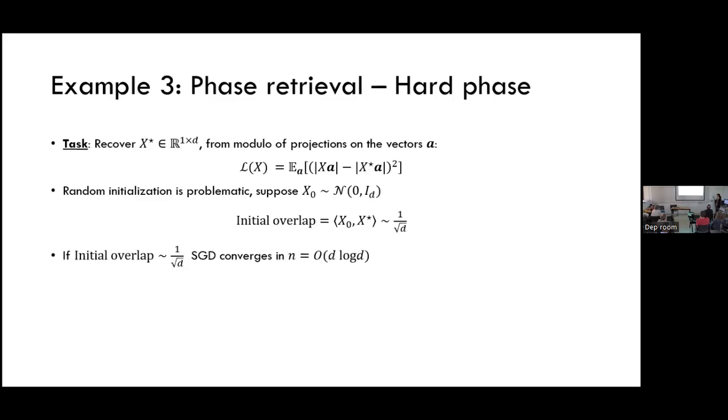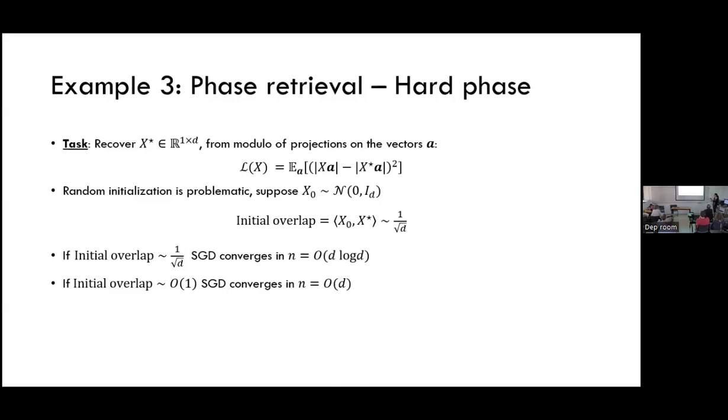And actually it can be shown that it will take something like d log d iterations to build that, which in principle is outside of our theorem, but we can show that we can recover that as well. Another hack that you can do around it is to say, okay, let's say I do know something about the direction of x star, so I'm starting from a non-zero overlap.